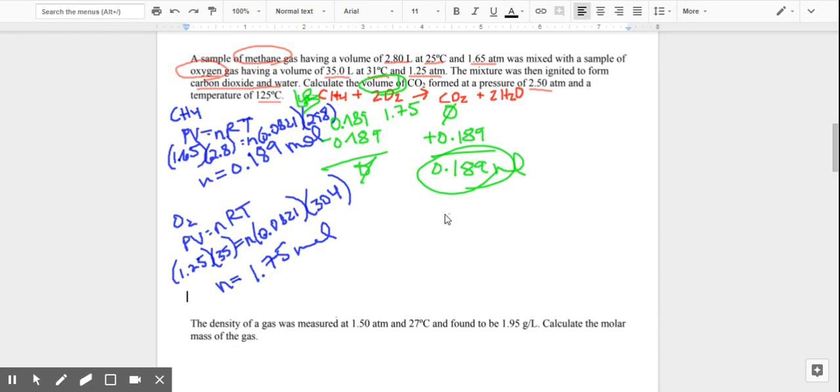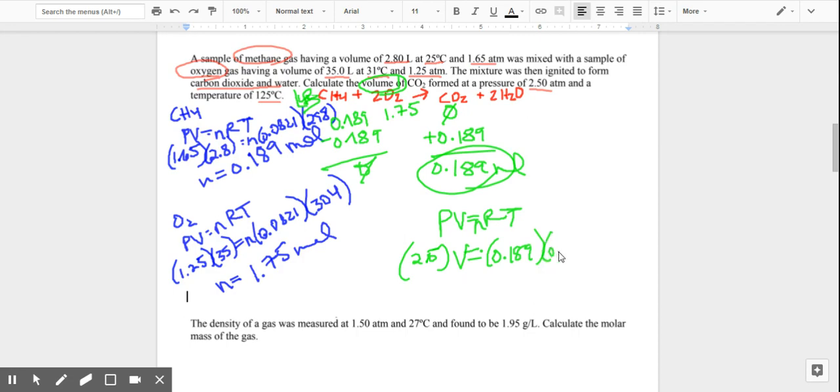So I'm going to go there. I'm going to say PV equals nRT. The pressure for CO2 is 2.5. It says 2.5 right there. The volume is what we're solving for. That's supposed to be nRT. The n is what we just found, so that's the 0.189.